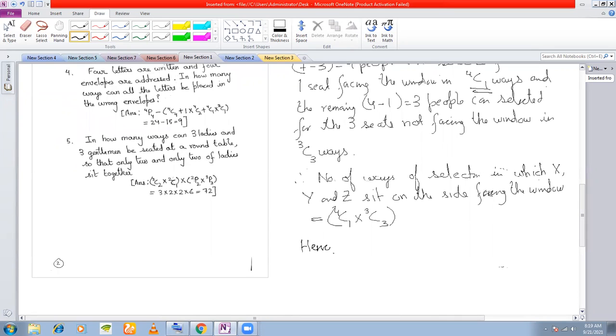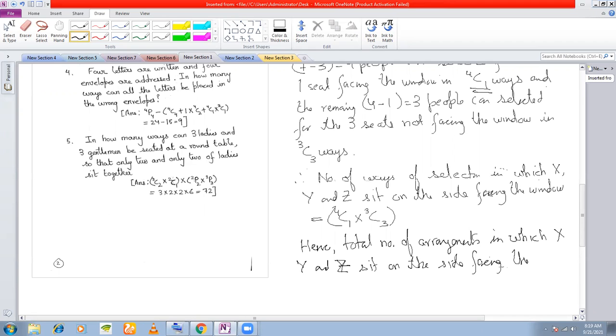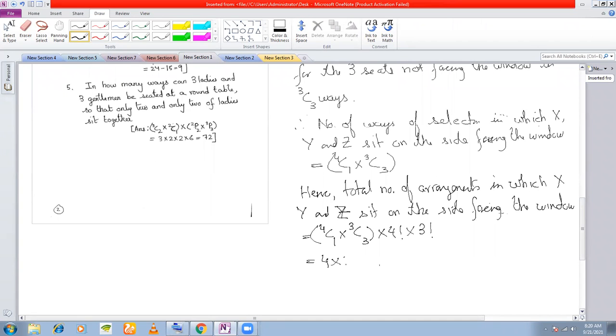So hence, total number of arrangements in which X, Y, and Z sit on the side facing the window is equal to 4C1 into 3C3 into factorial 4 into factorial 3, which is equal to 4 into 1 into factorial 4 into factorial 3.